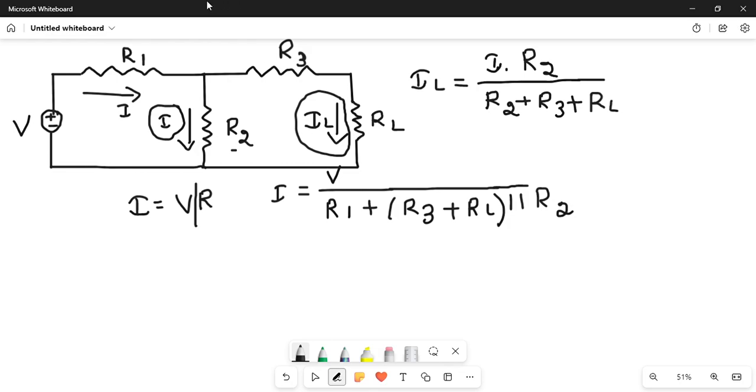So this is my I. Now if I simplify, R3 plus RL parallel to R2, there is a divide here, so that is why we have taken R3 plus RL in parallel to R2, and this R1 is in series with that. So it is R1 plus R3 plus RL into R2, divided by R3 plus RL plus R2.